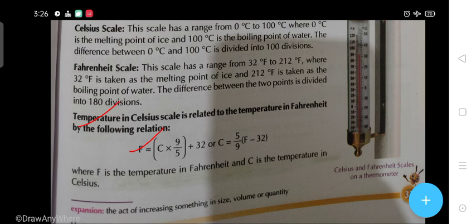So this is the formula, students. Whenever you want to find out the temperature in degree Celsius and in degree Fahrenheit, then you can apply these formulas, where F is the temperature in Fahrenheit and C is the temperature in Celsius.